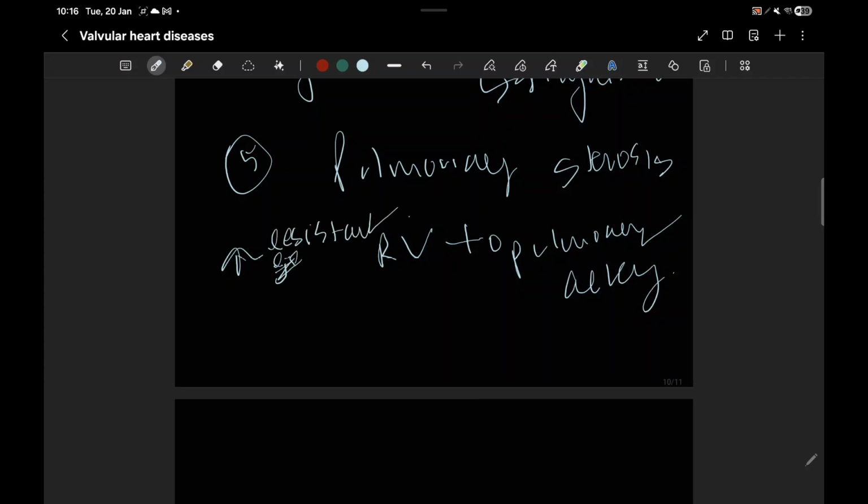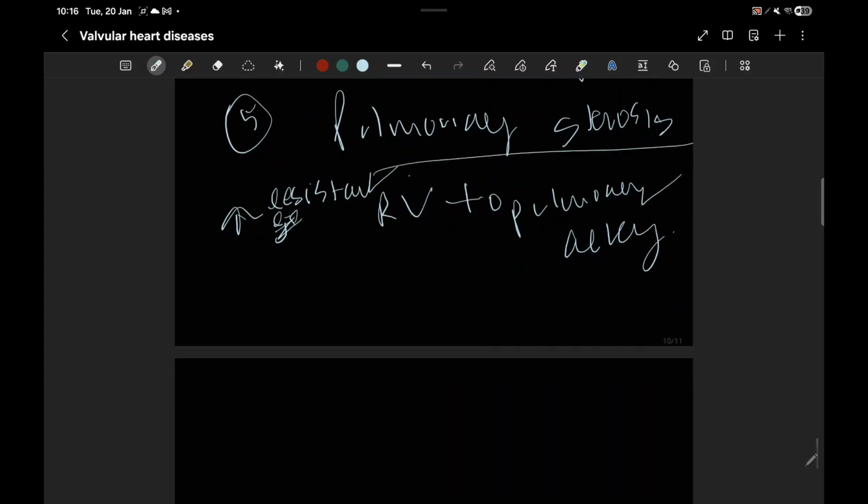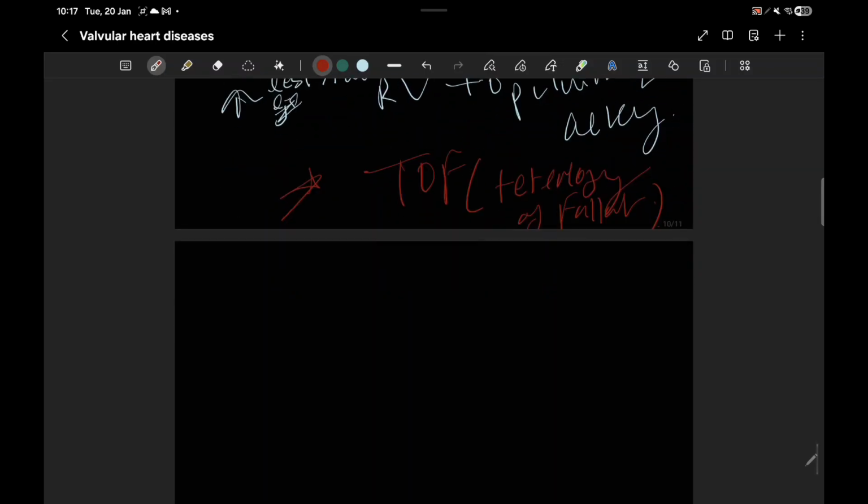Remember guys, it's seen mainly in TOF. It's one of the features of tetralogy of Fallot, seen in children. Then where do you hear it? The pulmonic area. Okay, the pulmonic area.